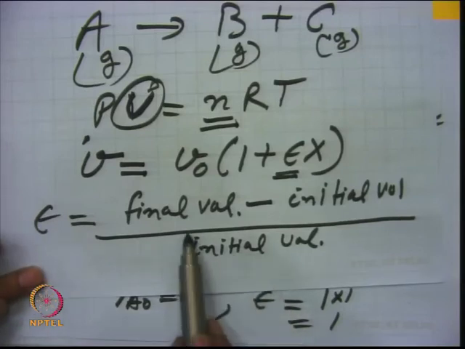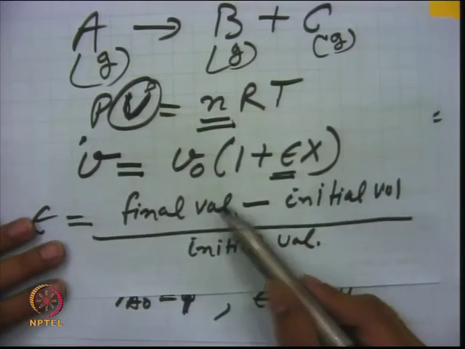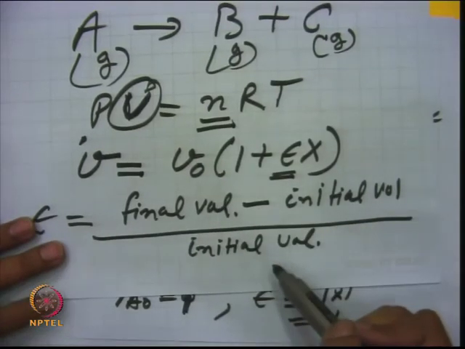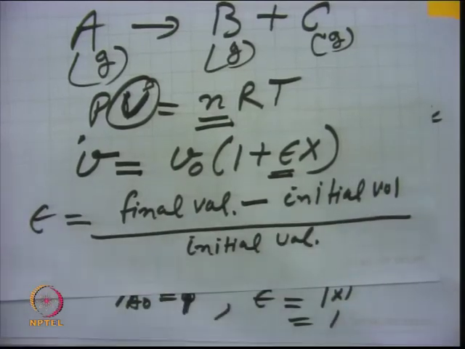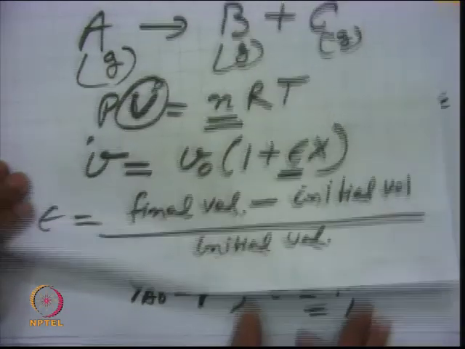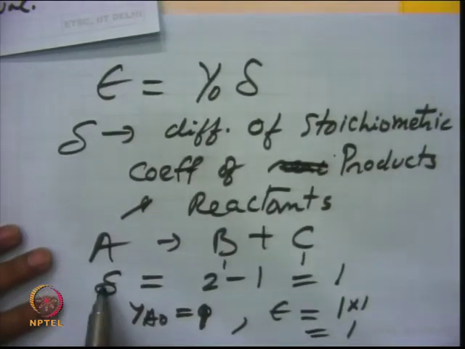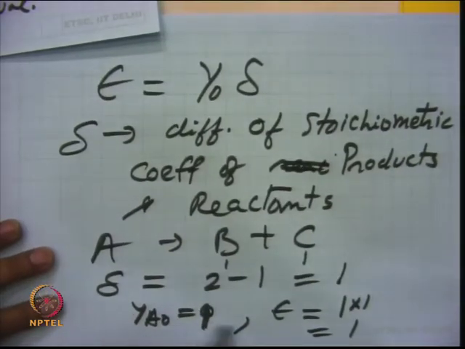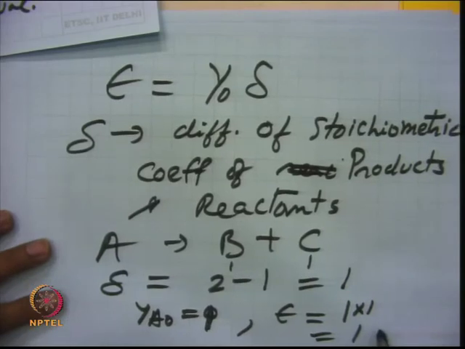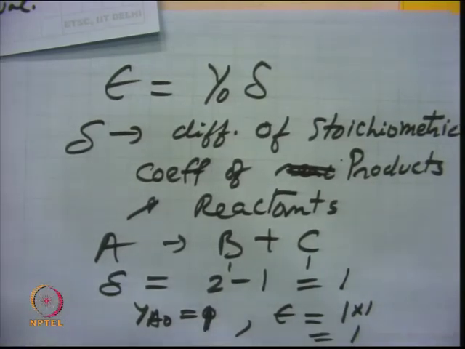Final volume minus initial volume, or in terms of moles, divided by initial. If you have added, suppose, 50% inert, then for 50% inert your y A0 is 0.5, so your epsilon will become 0.5. You can see that epsilon will change depending upon the presence of inert in the feed, which may affect the rate.